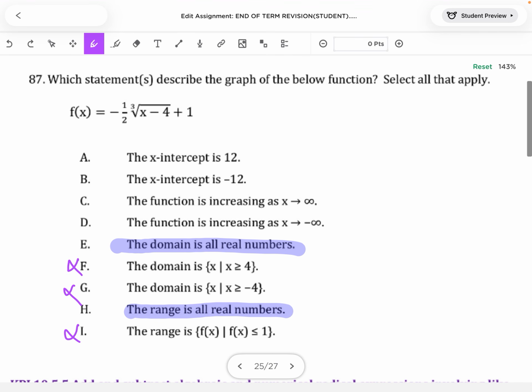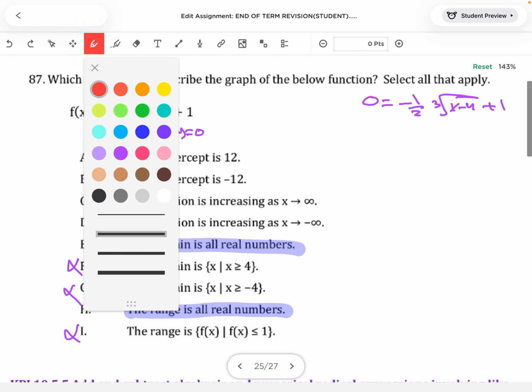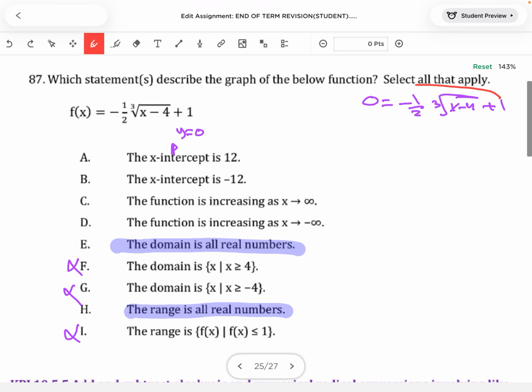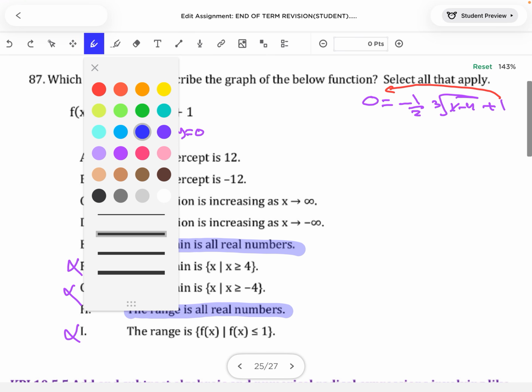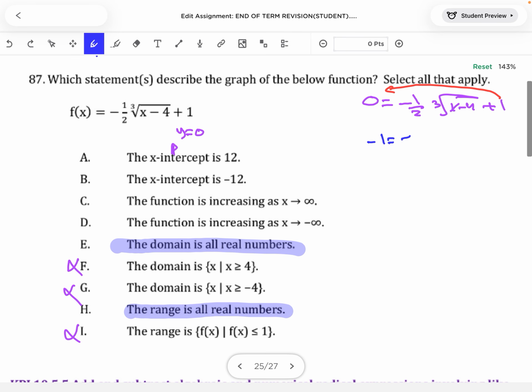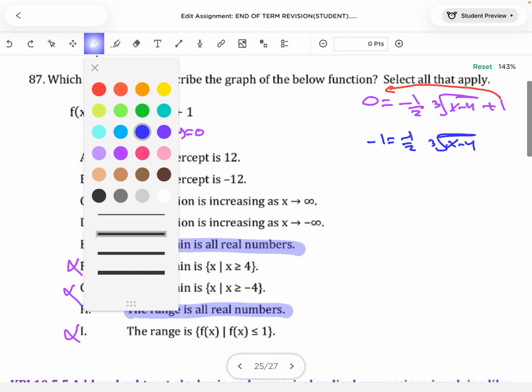About the x and y, what do you mean by x-intercept? X-intercept means y equals 0. So 0 equals negative 1 over 2, the third root of x minus 4, plus 1. Now we move 1 to the other side, so negative 1 will be negative 1 over 2, the third root of x minus 4.